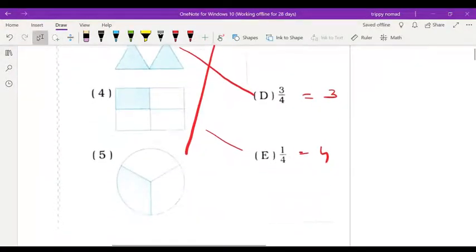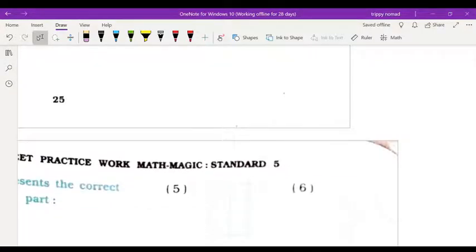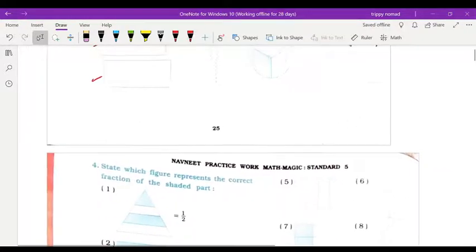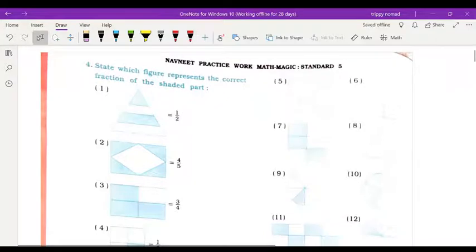Okay, children, now we are going to start the next question, question number 4. State which figure represents the correct fraction of the shaded part. Which one is correct? What is written over here? 1 by 2.